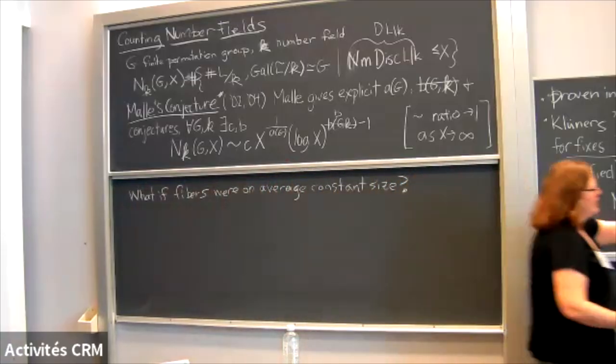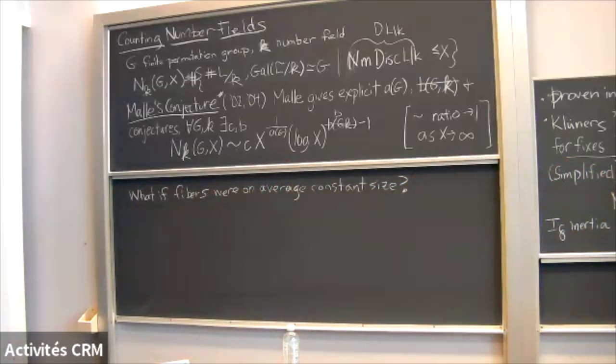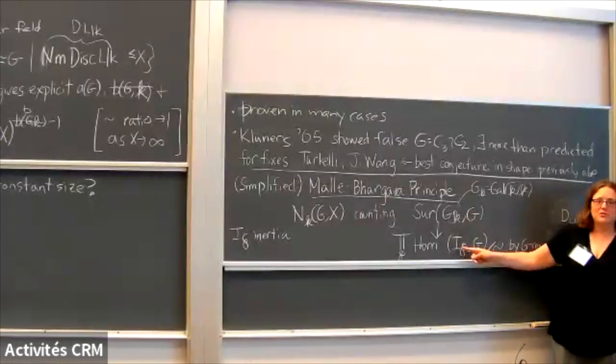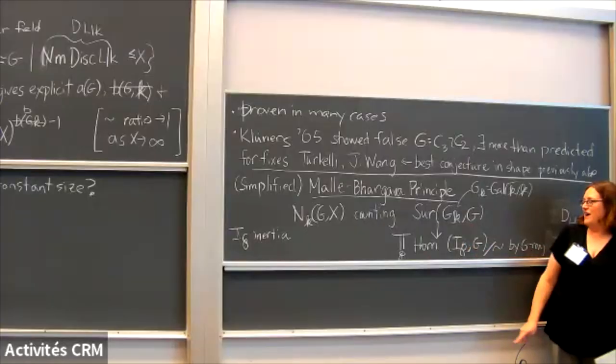Because while this is very complicated, the absolute Galois group of K we don't know very much about. These local inertia groups we understand much better.